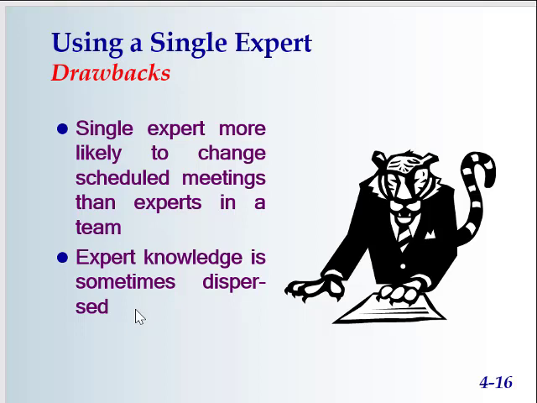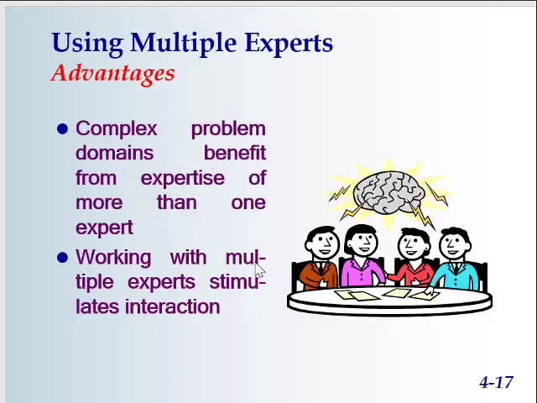We need multiple experts working together. Otherwise the single expert's knowledge will be dispersed, because there will be some black spots that expert can't talk about, and we can't have a solution, right?